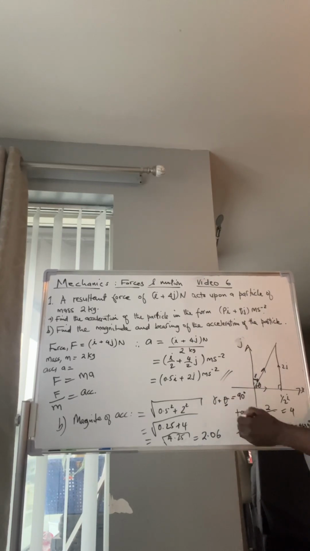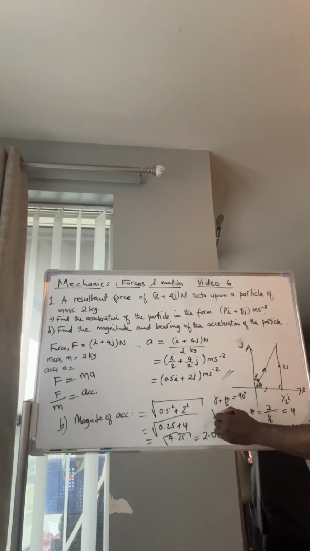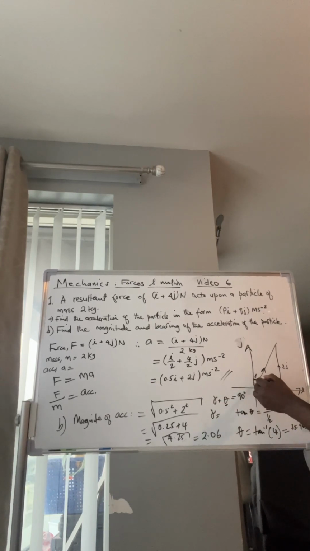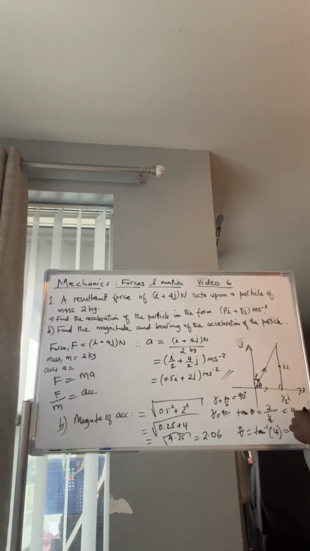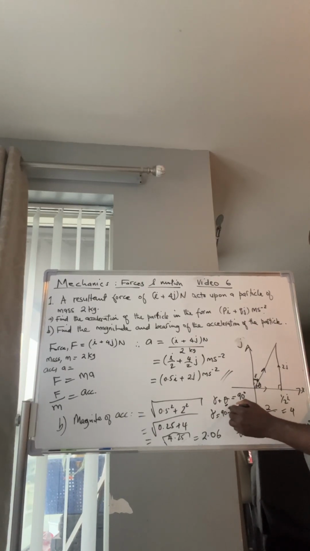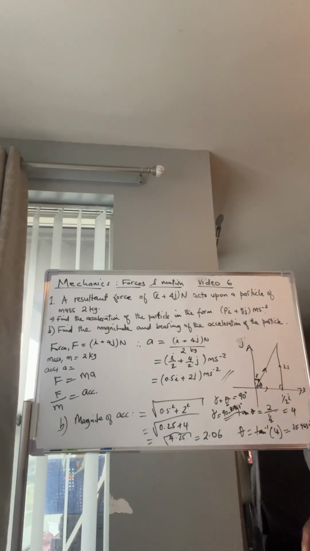Now you have this. This is what you need. Therefore, this angle from the north to the vector is 90 minus 75.964 degrees. So let's calculate that.